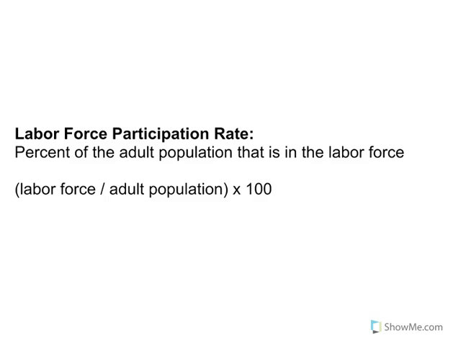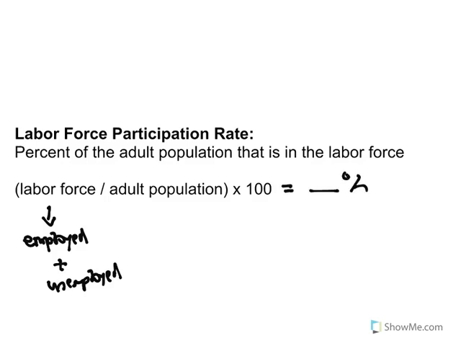The way you get that is you take your labor force, so you need to know how many people are employed plus how many are unemployed, add those two numbers together, divide by how many adults there are in the population, and then multiply that result times 100. You would get some percent, and that would tell you what fraction of your adult population is in the labor force.